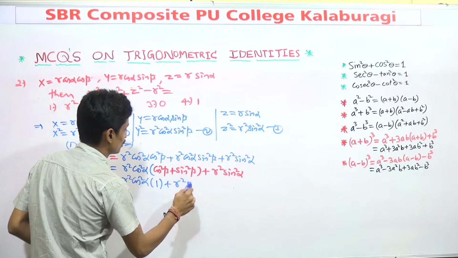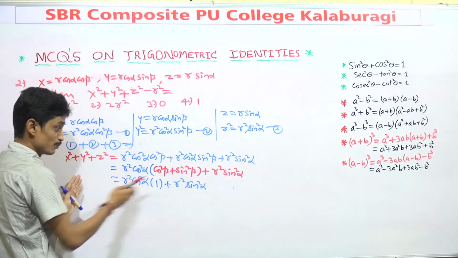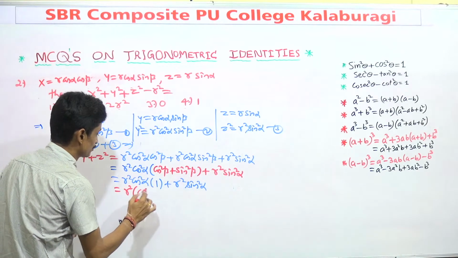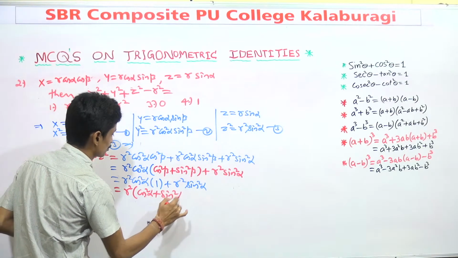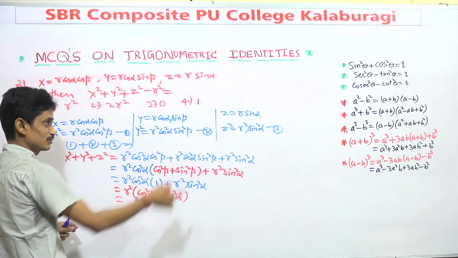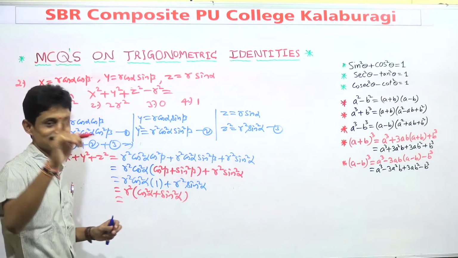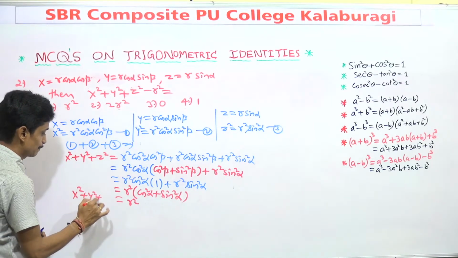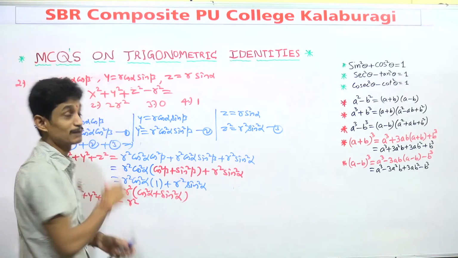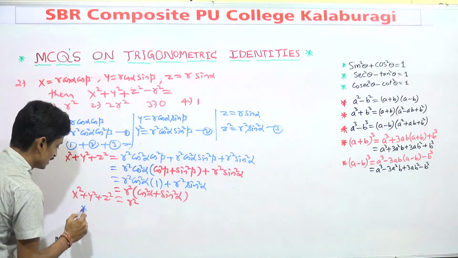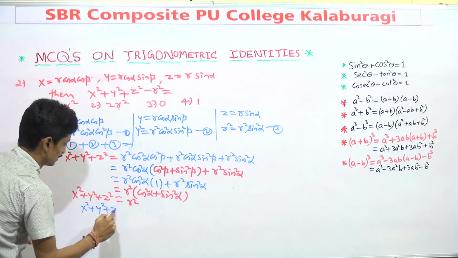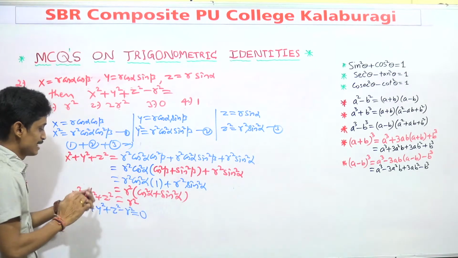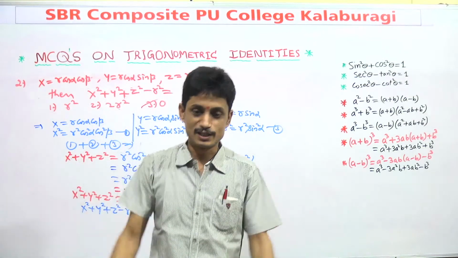This is r square into sin square alpha. Once we take r square common, that is cos square alpha plus sin square alpha. Now this is also once again the same identity. The answer is 1, hence r square. What is our LHS part? X square plus y square plus z square. What is my question? My question is x square plus y square plus z square minus r square. What remains? Nothing, means 0, and the third option will be the correct one.